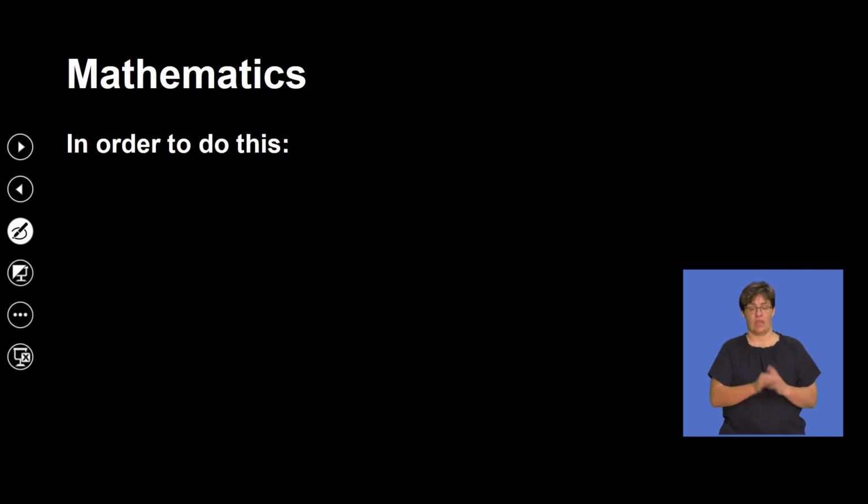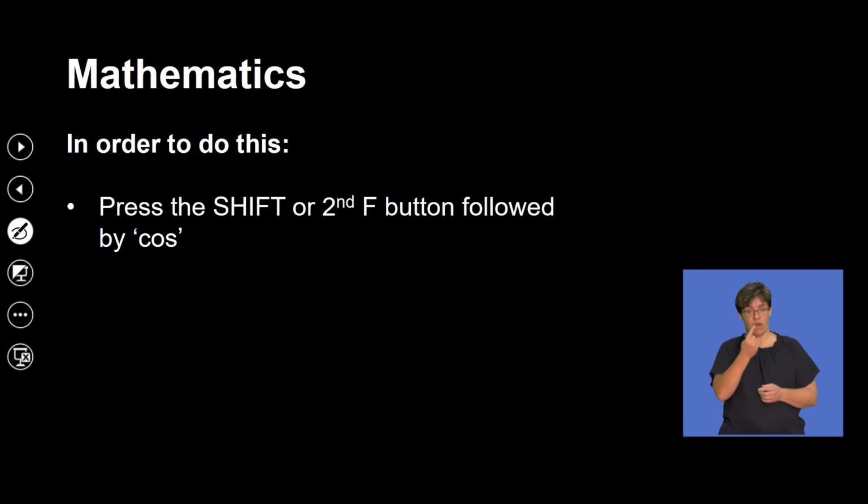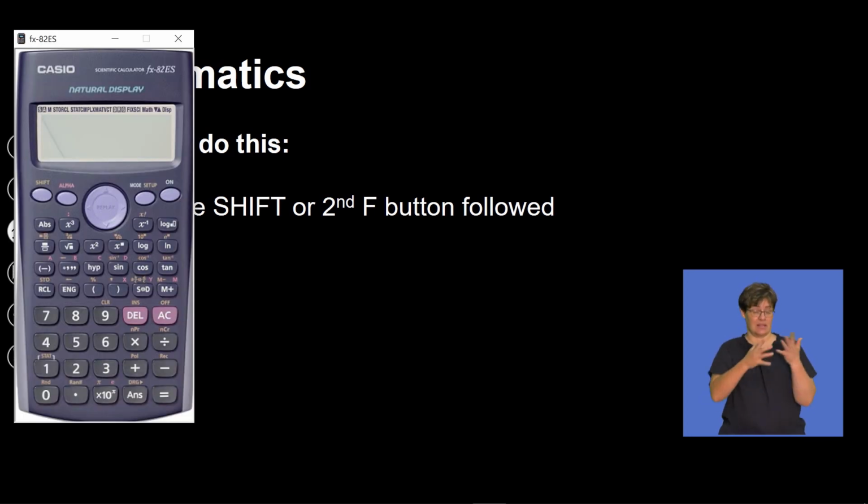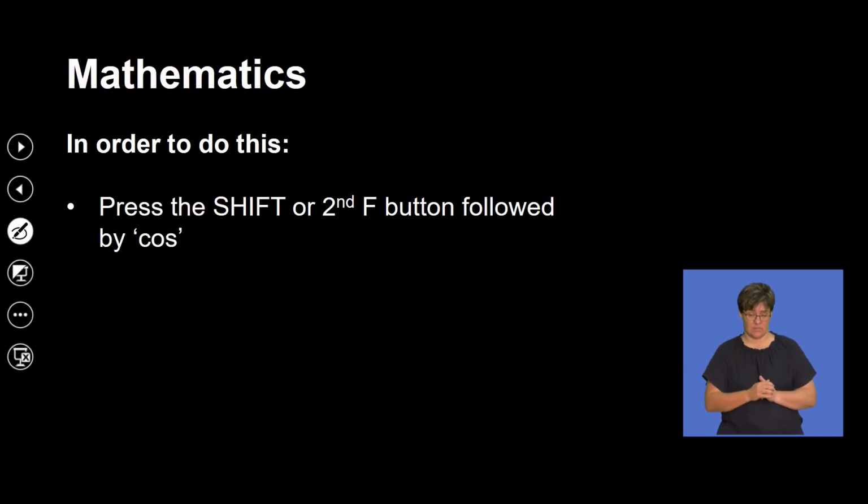Now, in order to do this, you will first need to press the shift or the second function button followed by the cos, right? What do I mean? We go to my calculator, you press shift, you press cos. See, it will give me cos to the exponent of -1. It opens the bracket. We call this the arc cos, right? Or the second function of cos. So this will look something like that with a bracket there that is opened on your calculator.